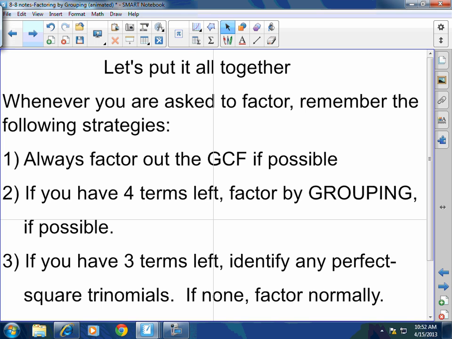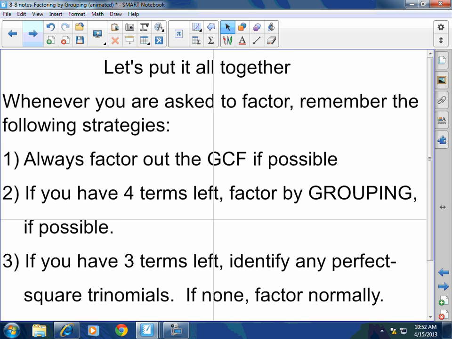Let's put it all together. When you are asked to factor, remember the following strategies. Always factor out the GCF if possible, no matter what format you have. If you have 2 terms, 3 terms, 4 terms, 57 terms, it doesn't matter. Always factor out a GCF first.